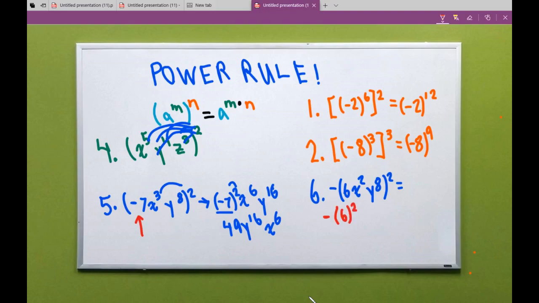We're going to multiply 2 times 2 to get x to the 4th, and the 8 times 2 to get y to the 16th. Now, using our calculator, we'll see that 6 squared is 36, and like I said, our final answer is negative. So we have negative 36 times y to the 16th times x to the 4th. Okay, and remember that we want our highest power before our lowest power.